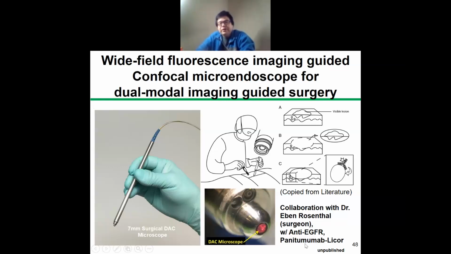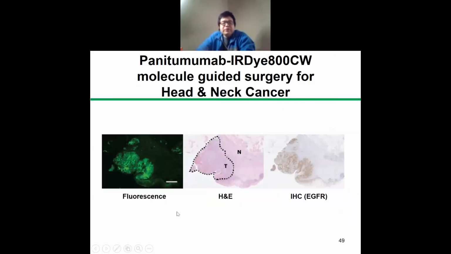For example, they already have a clinically approved antibody conjugate with a dye, which is IND approved, and it is now clinically validated on human patients with systemic injection into the body before the surgery. It's panitumumab conjugated with IRDye 800, an anti-EGFR targeting agent.